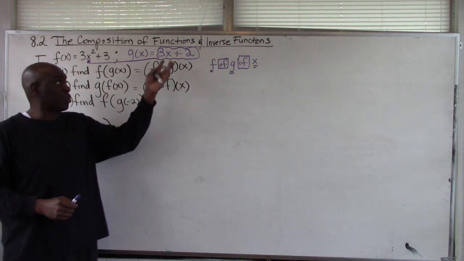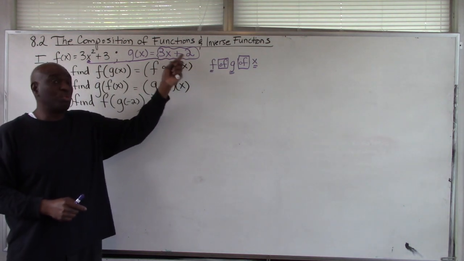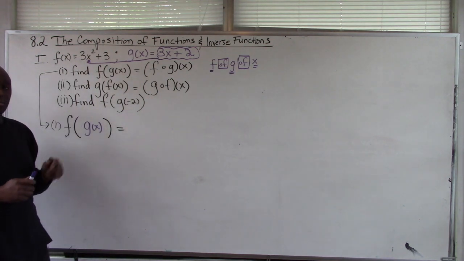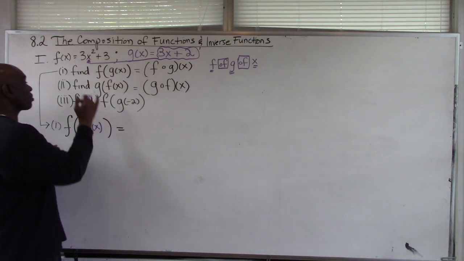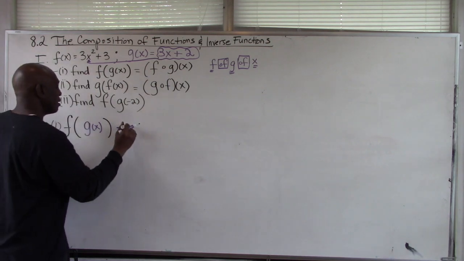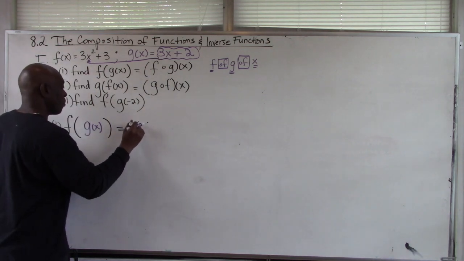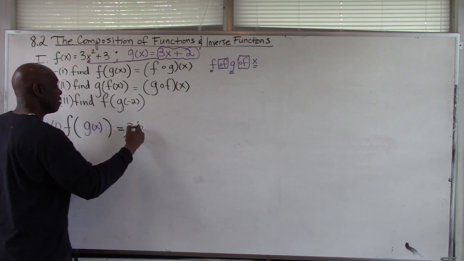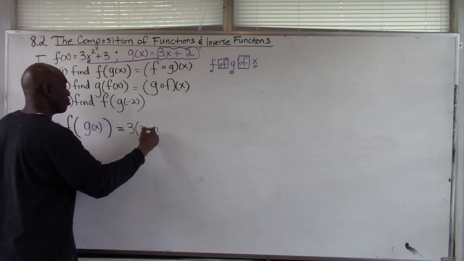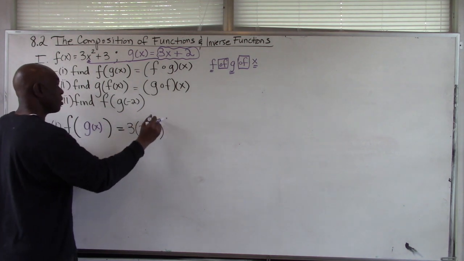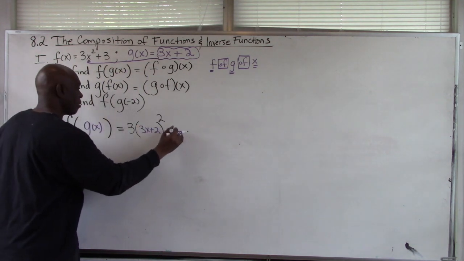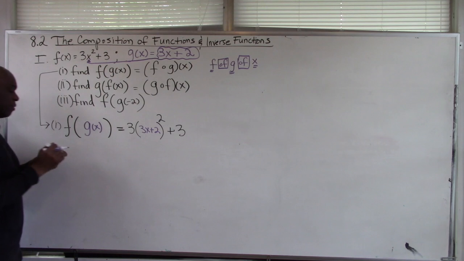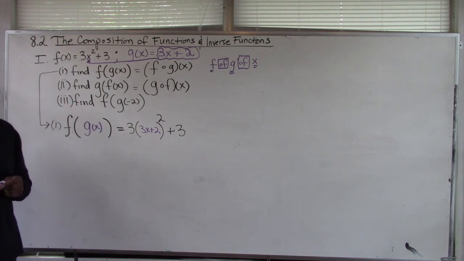I'm going to dump this whole thing, 3x plus 2, right there where x is. So that's going to give me the following: 3 times (3x plus 2) squared plus 3. There we go. That's important. That's critical.